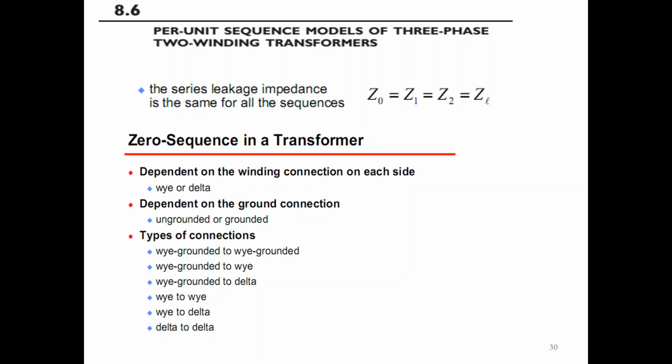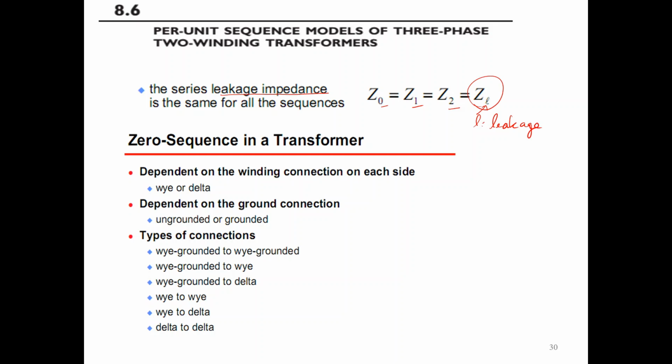For the two winding transformer, the leakage reactance of the transformer in zero, positive and negative sequence are all the same and equal to ZL over here, ZL standing for the leakage impedance.